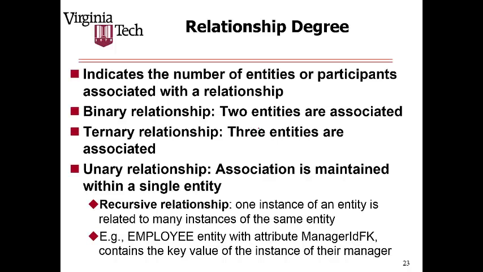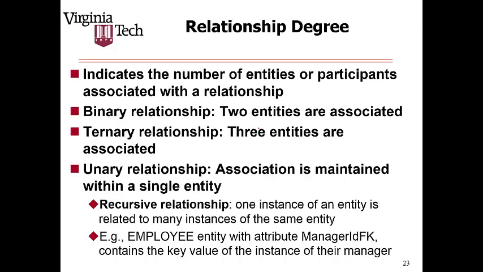And ternary relationships are where the relationship is really among 3 entities in the model. And finally, we have a special case, a unary relationship, where one instance of an entity is related to other instances of that same entity.